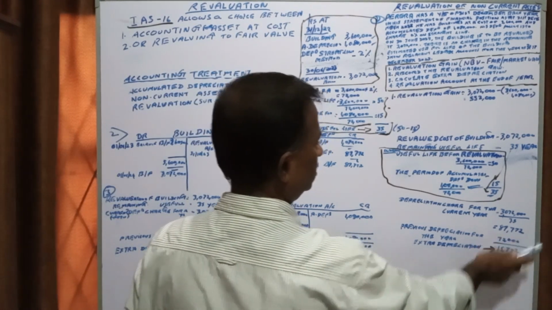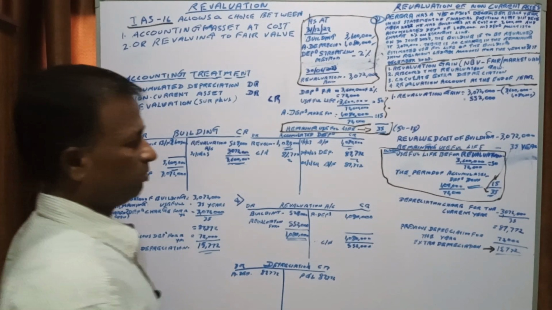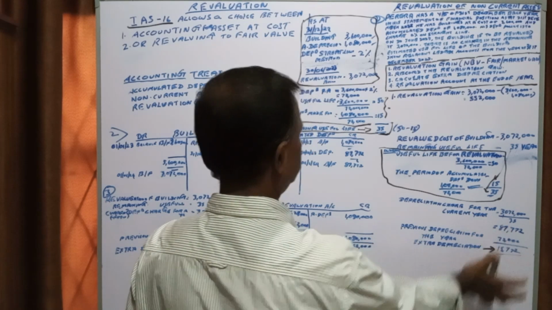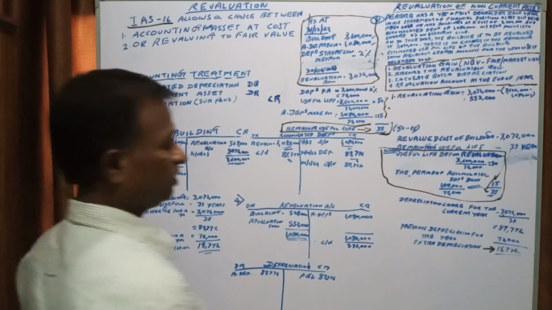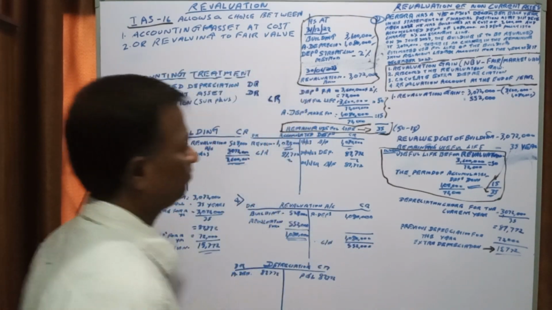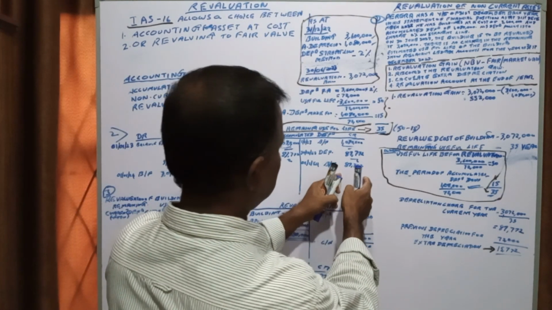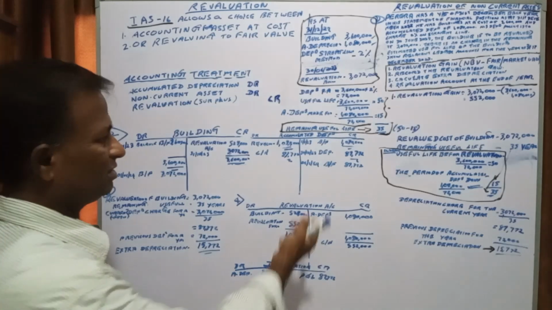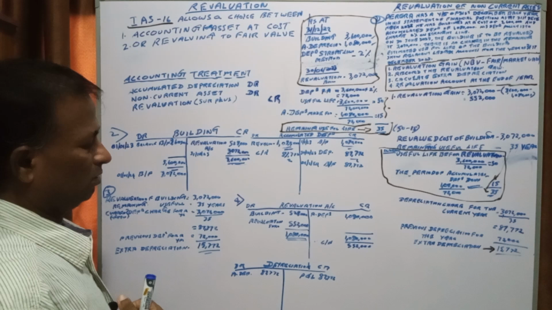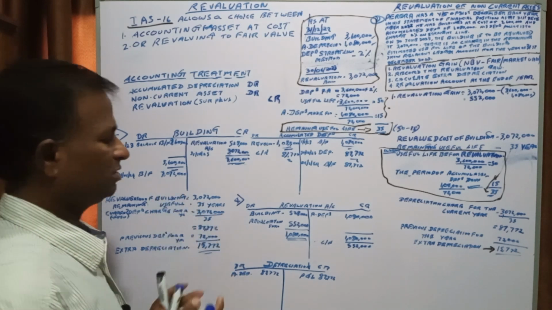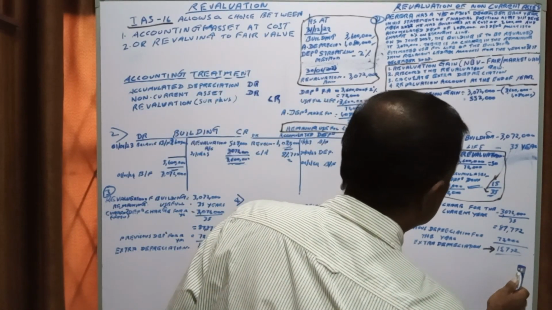New depreciation is 87,000, whereas if you were doing depreciation on the earlier amount, it would have been 72,000. So the difference between them is 15,000. Instead of 72,000 we have charged 87,000, so the business's income is reduced by 15,772.